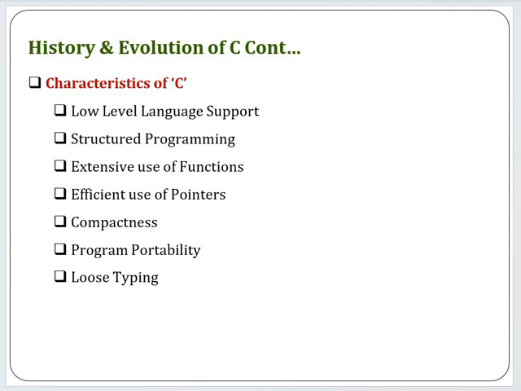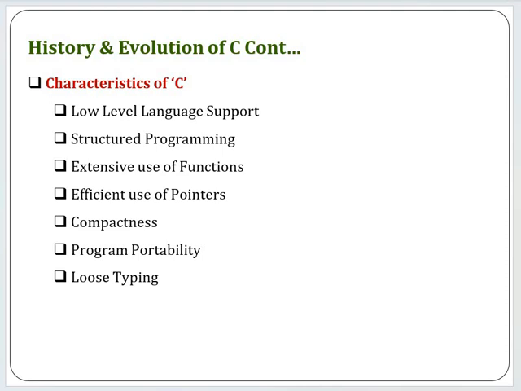Next, we'll see the characteristics of C. So it is a low-level language support. C allows for direct interaction with hardware, making it suitable for system-level programming. And it is structured programming. C promotes organized and modular code design through functions and control flow structures. And then third is the extensive use of functions. So C programs are built around functions, making code reusable and maintainable. And the fourth characteristic is efficient use of pointers. So C effectively utilizes pointers for memory management and flexible data manipulation.